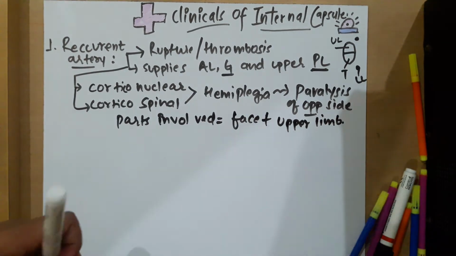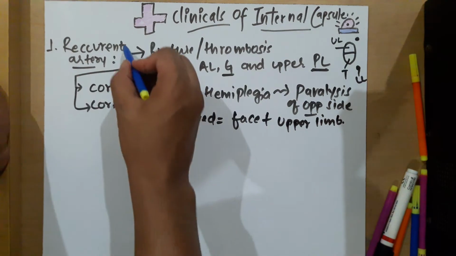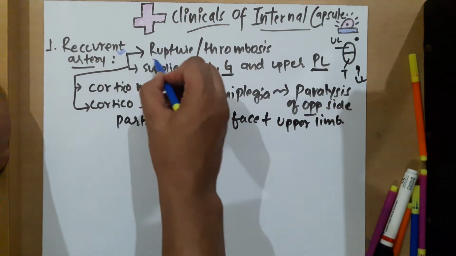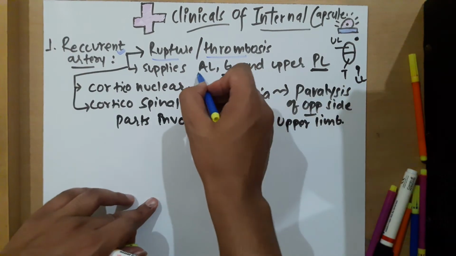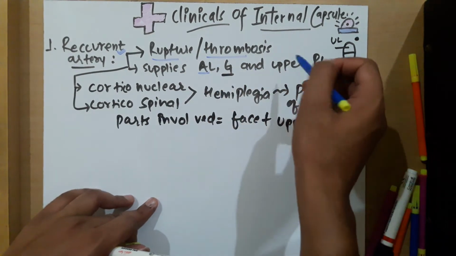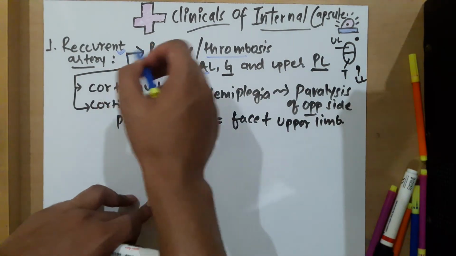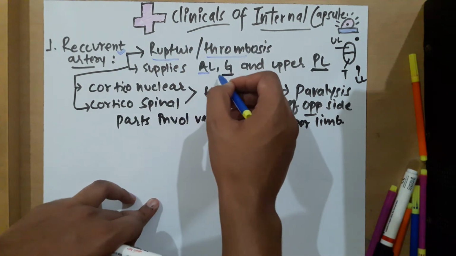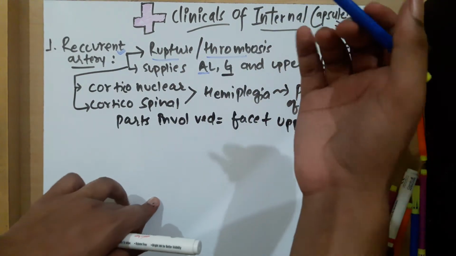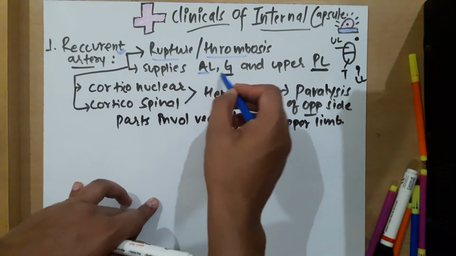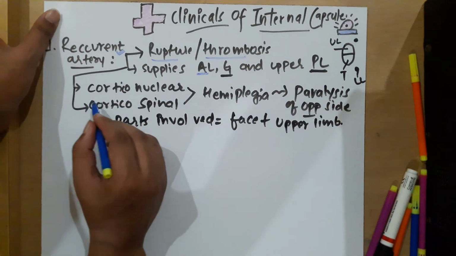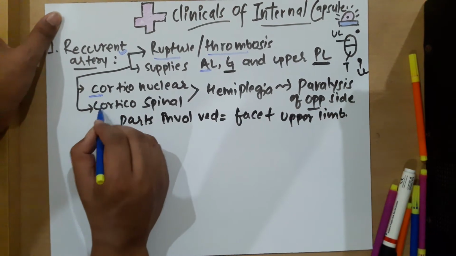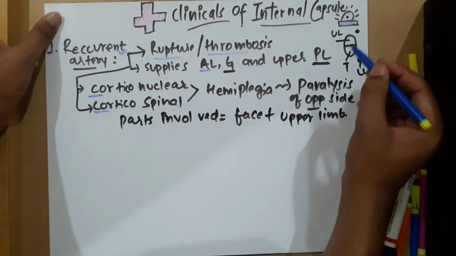Once again, so that you can understand: rupture or thrombosis of the recurrent artery will halt the blood supply to the anterior limb, genu and upper posterior limb, because the recurrent artery of Heubner supplies these parts of the internal capsule. These parts contain the major fibers, corticonuclear and corticospinal.